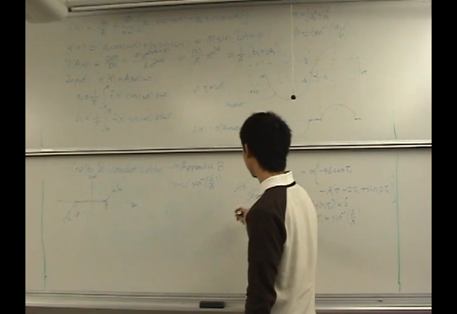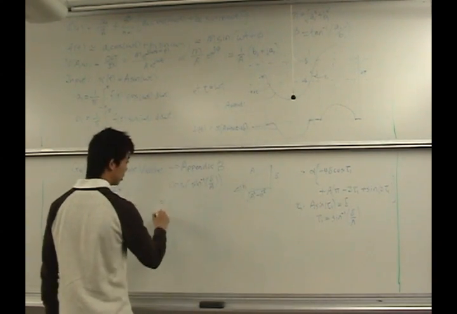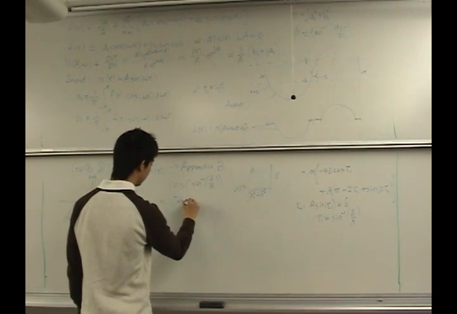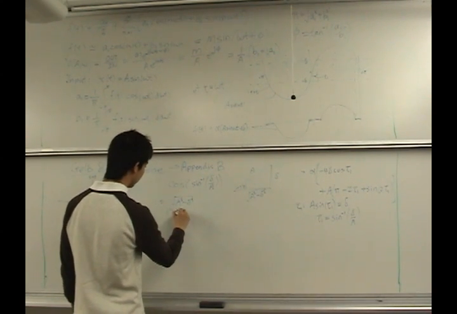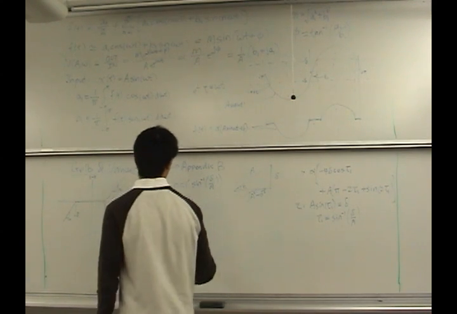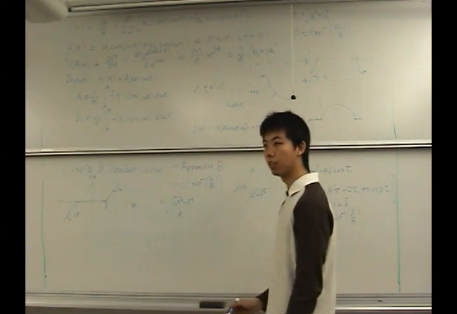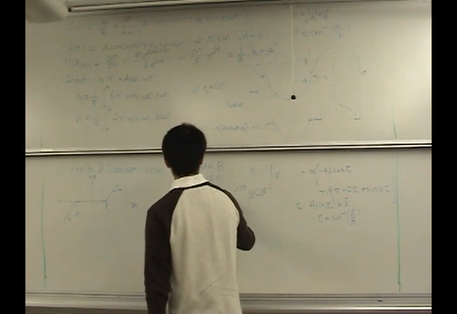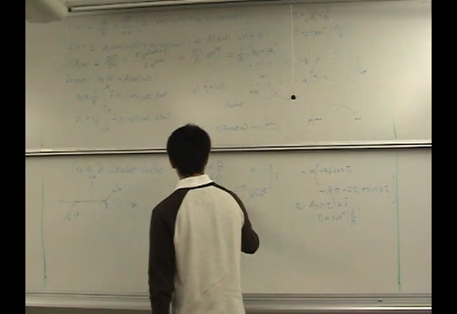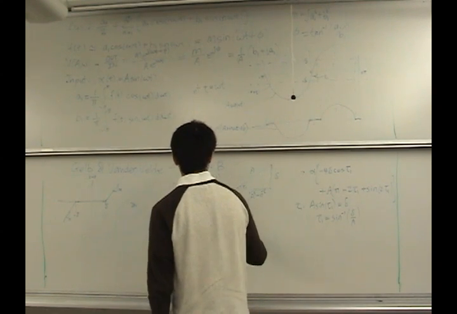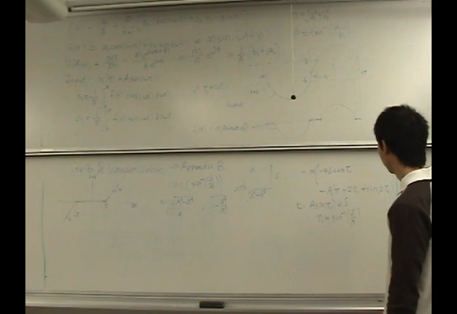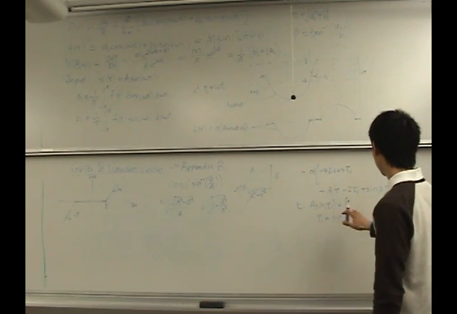So cos tau 1 is simply the square root of A squared minus delta squared over A. Yeah, you see that? So you got that one.